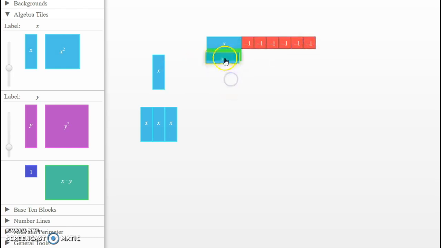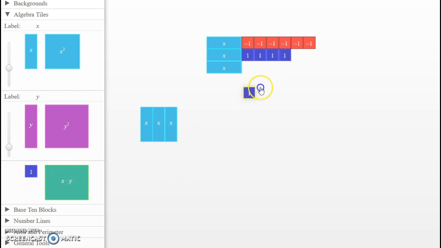And I need 3 copies of this. So we're using that same area idea that we've used since elementary school to help build these, except now we're using variables and not just numbers.